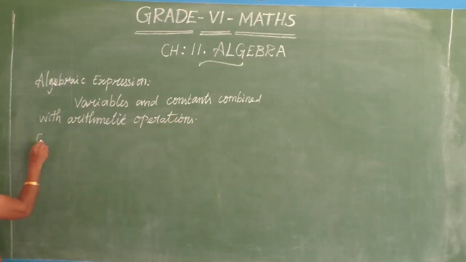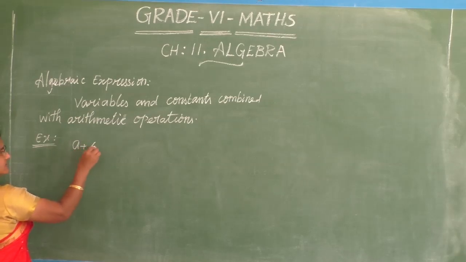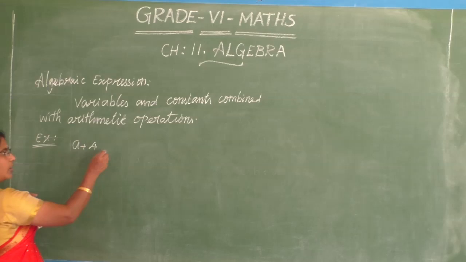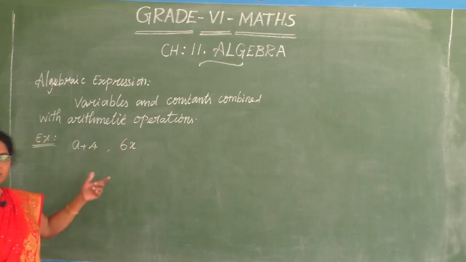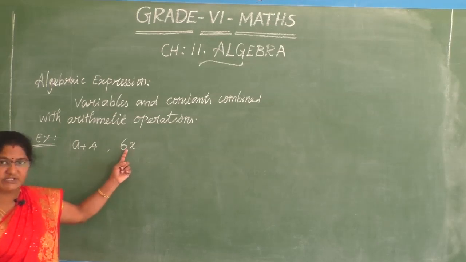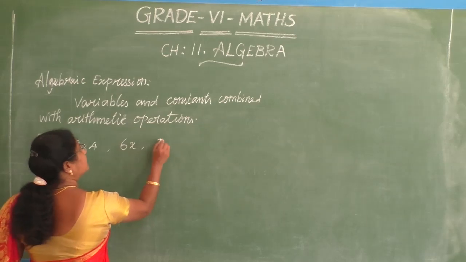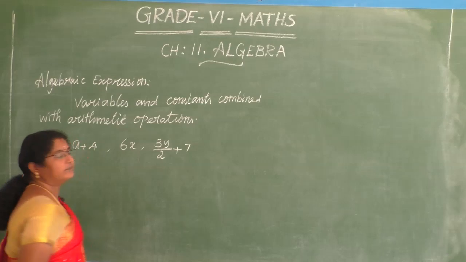Okay, for example, we can give some more examples of algebraic expressions, that is a plus 4. Here a is a variable, 4 is a constant. A plus 4, it is an expression. Or 6x. 6 and x are in multiplication, so it is an expression. Or 3y by 2 plus 7.